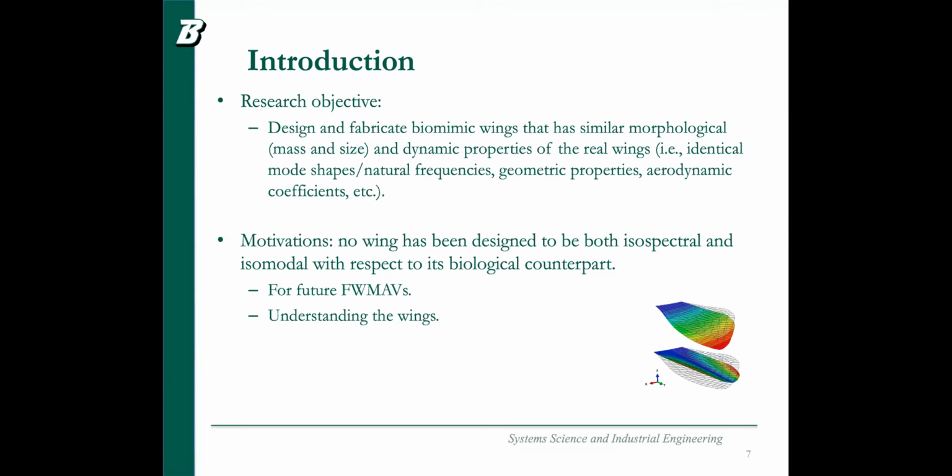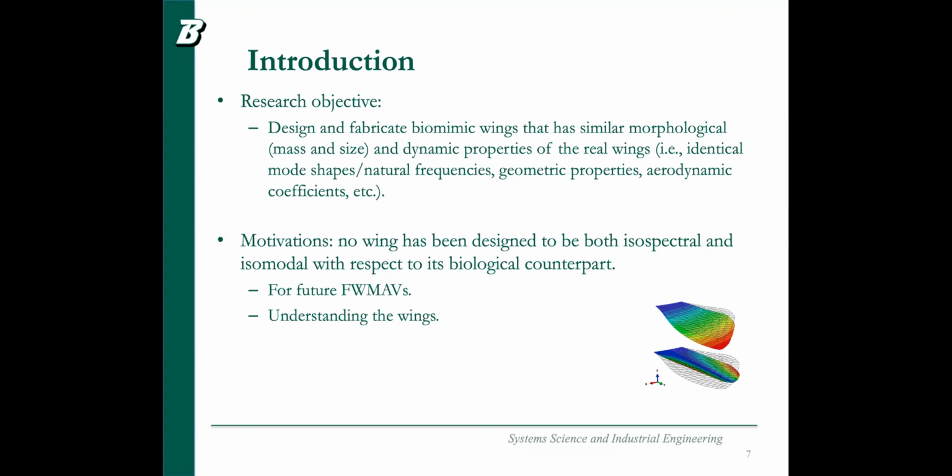coefficients, etc. Our motivation is that currently, even though there is so much research that has been done to test the stiffness and the aerodynamics, and there are different fabrication methods to fabricate those wings, there's no existing research on wings designed to be both isospectral and isomodal with respect to their biological counterpart.